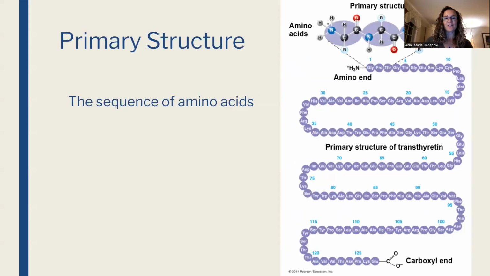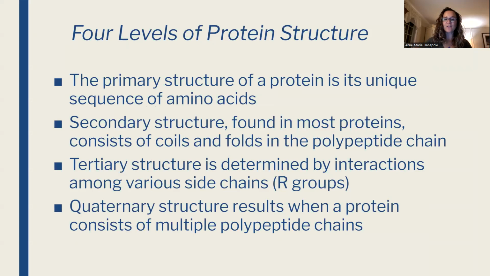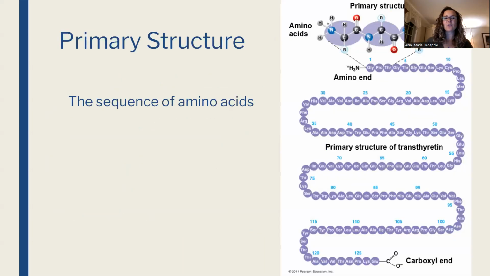And then again, going back to our definitions here, the quaternary structure is if you have multiple polypeptide chains, then you're going to have R group interactions between those polypeptide chains, forming the overall structure of the molecule, and that's the quaternary structure.